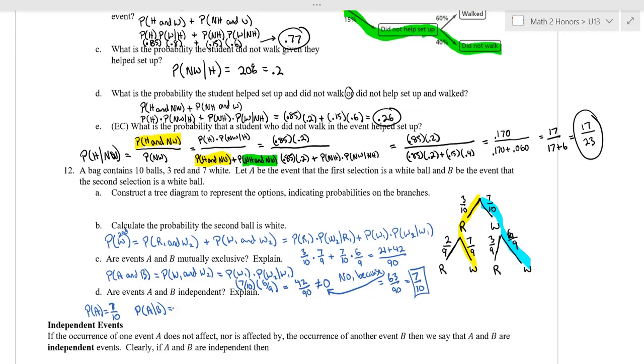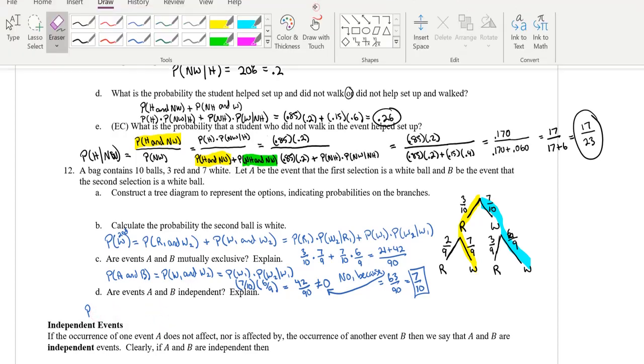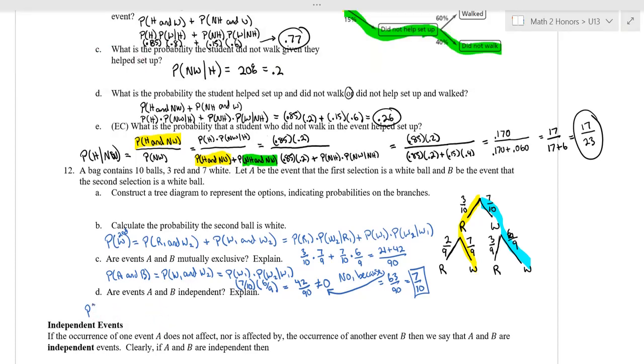That's a little hard because of the order of things, so here's what I'm going to do. A and B are interchangeable, and it's going to be easier here to consider the other option. So what's the probability of B, which is the second ball white, because we did that already and found it was 7 out of 10. And now let's find out the probability of B given A.